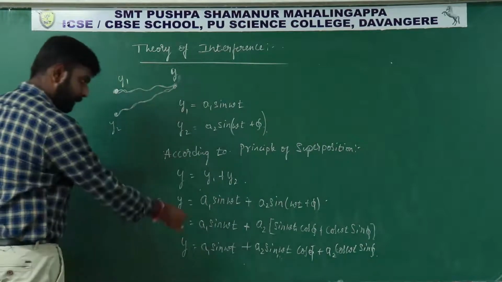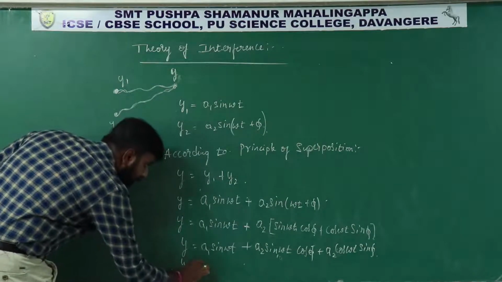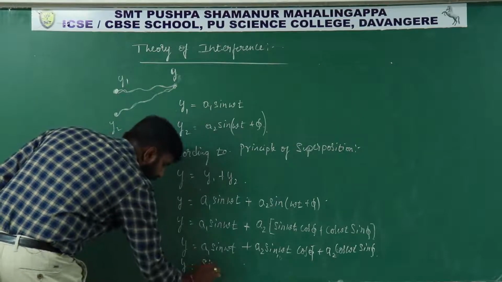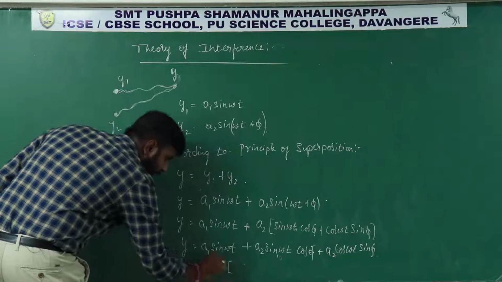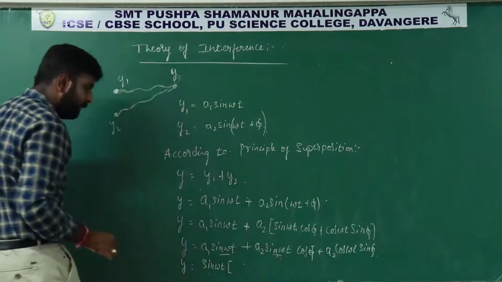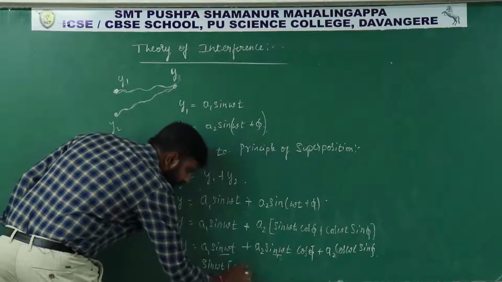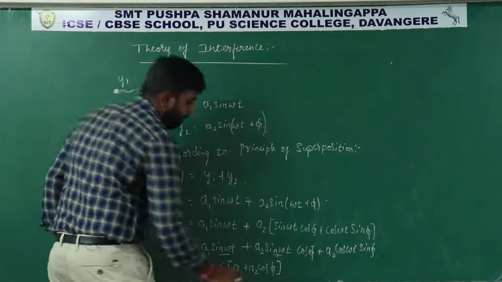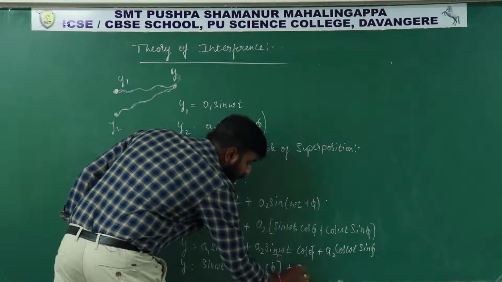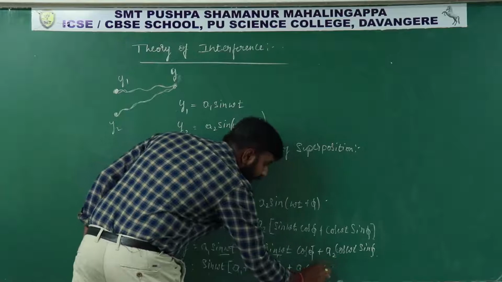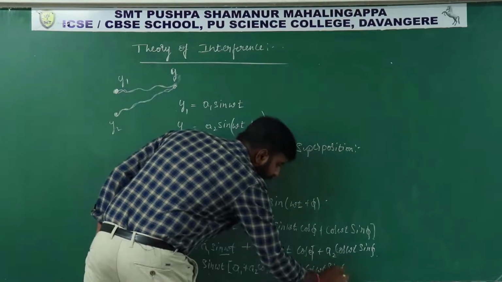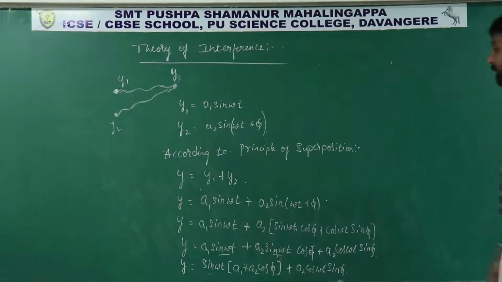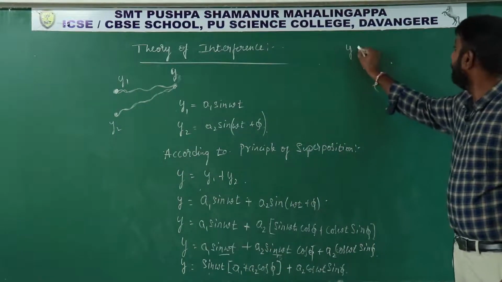Observe carefully here: I will take sin omega t common outside, then I can write y is equal to sin omega t times (a1 plus a2 cos phi) plus a2 cos omega t sin phi. All mathematics steps only here.